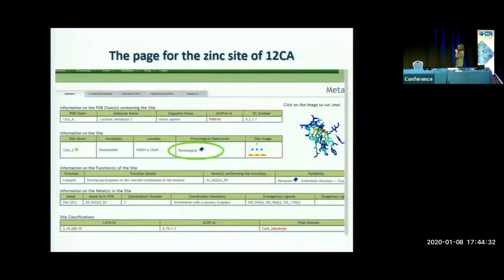And one of the things we've been working on recently is highlighted by the green circle here, and it's the manual annotation of the physiological relevance of that site. So this one says this site is physiological, and if you click on the small book icon, it will provide you with a link to a small selection of literature that supports the assignment of that site as a physiologically relevant one.